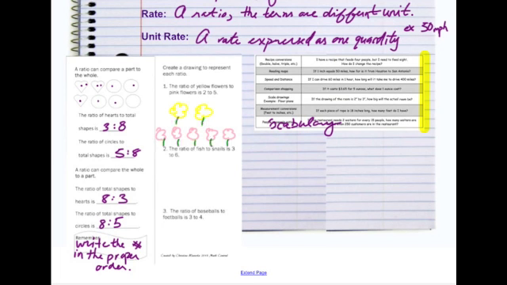And then number 2 says the ratio of fish to snails is 3:6. So I'm going to have 1, 2, 3 fish and 1, 2, 3, 4, 5, 6 little snails.